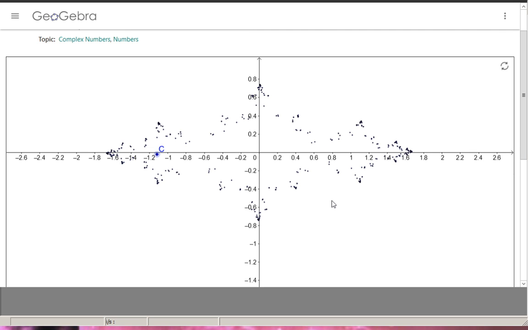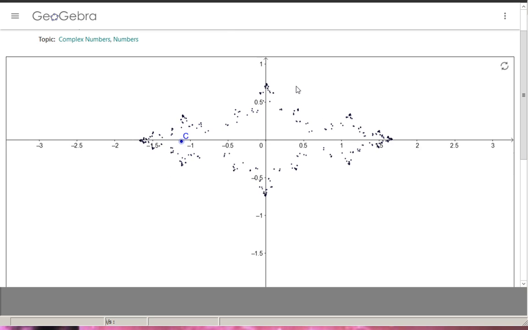So we need to convert this polar graph, which is the r cosine theta and r sine theta, into x and y. This is a Julia set, though. This is the boundary layer.